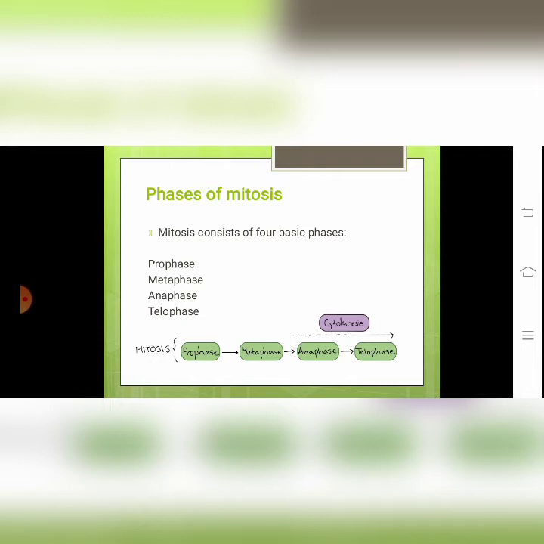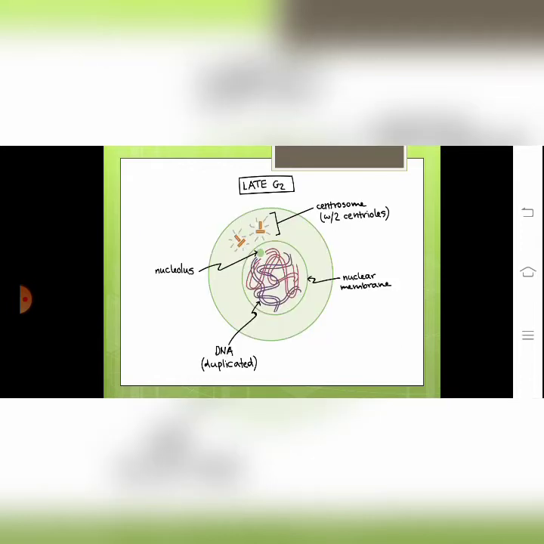Clear? Mitosis is a continuous process, but for our convenience of study, we recognize four stages in it: prophase, metaphase, anaphase, and telophase. Each stage is recognized by certain important changes occurring particularly in the chromosomes. Clear? Now we'll start one by one.